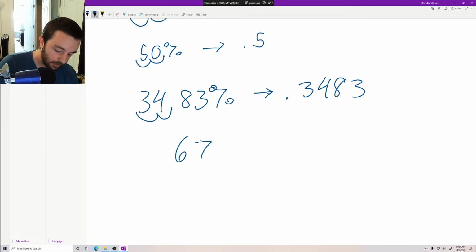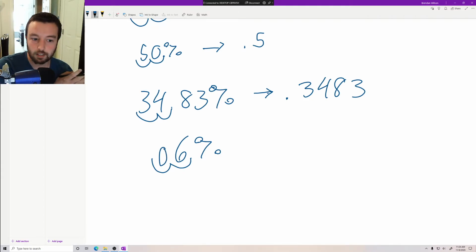If we have 6%, like the sales tax, and we take that decimal and move it to the left twice, now there's no number right here, so we just assume that there's a 0, because we can put as many zeros to the left of the number as we want. So this is going to be 0.06. Okay.